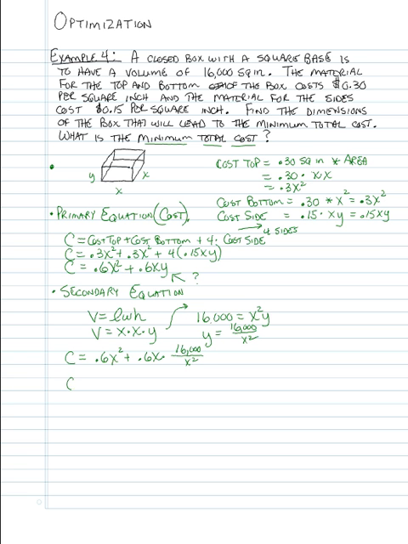As we simplify a little further, that's going to be 0.6x squared plus, x over x squared is going to leave an x in the denominator, and 0.6 times 16,000 is 9,600. So that's what our equation looks like. Now, we need the critical number. We're trying to minimize the cost, and so we need to find out where these critical values are.